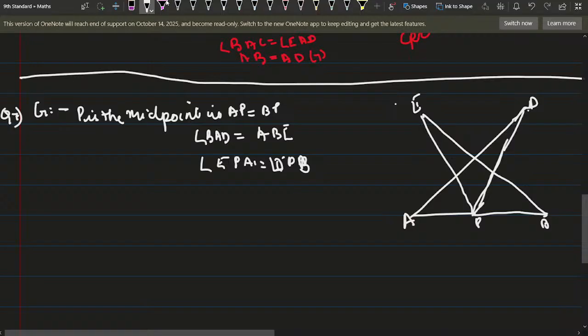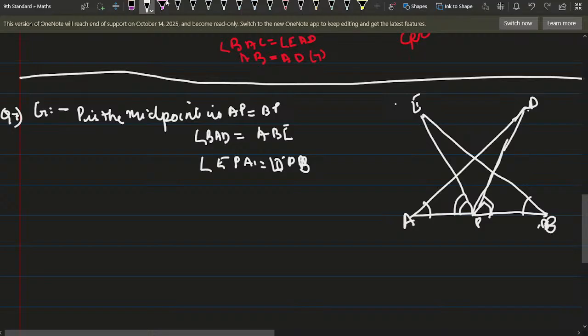So angle BAD, this one, is equal to, where is A, B, this one, and EPA, this angle is equal.